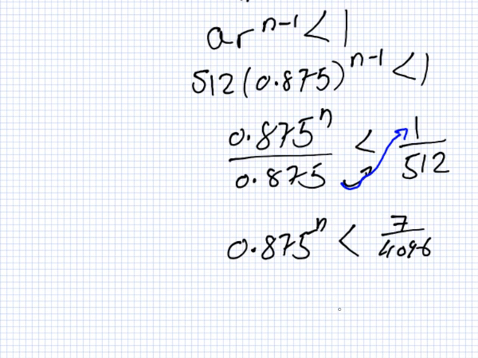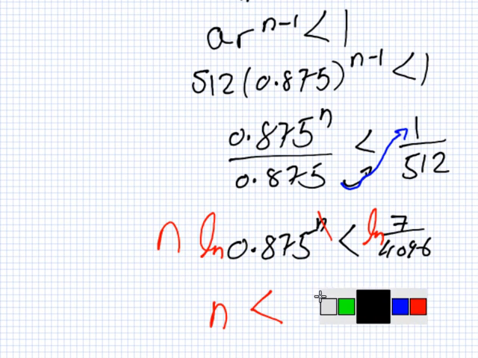I want the n, so what should I do next? Log. So I put a log here and a log here, and the n comes down. So I get n should be less than log of this number.